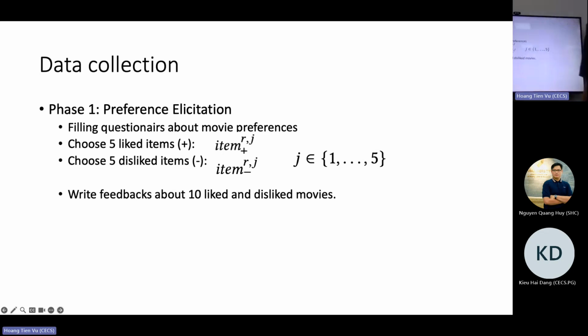After giving some movie preferences, each participant must choose 5 liked items, denoted by item RJ plus, and also choose 5 disliked items, denoted by item RJ minus. After that, they must provide feedback about these 10 items, about how they like or dislike each movie.